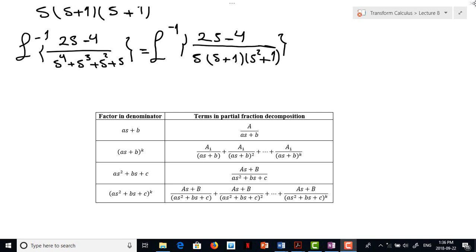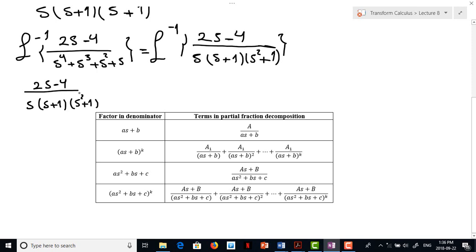The second step in finding partial fractions is looking at the factors in the denominator, and based on the factors, we have to pick one partial fraction term from the table that we have here. For example, in this case we have (2s minus 4) divided by s times (s plus 1) times (s squared plus 1).